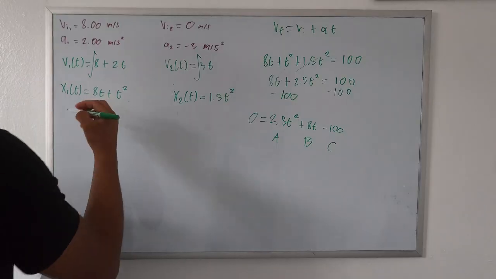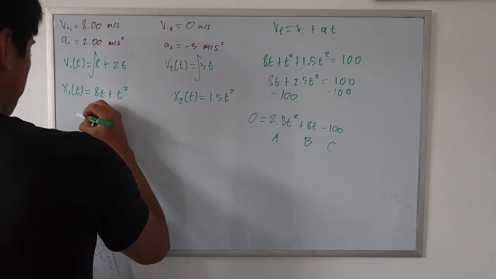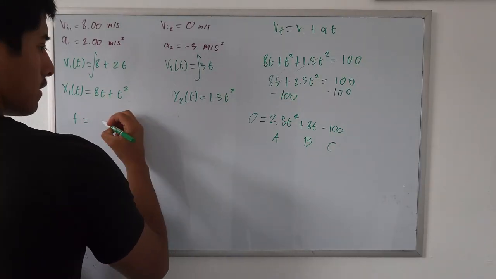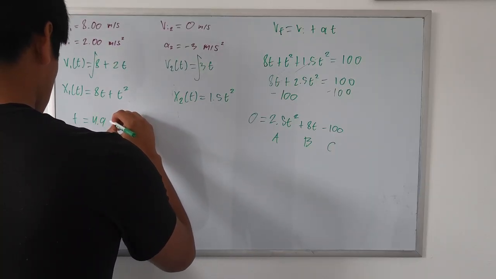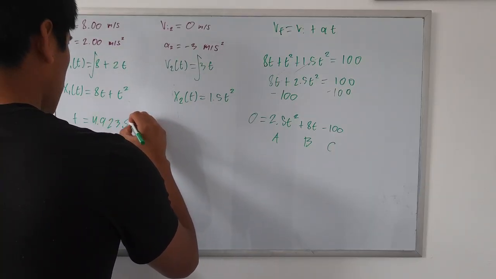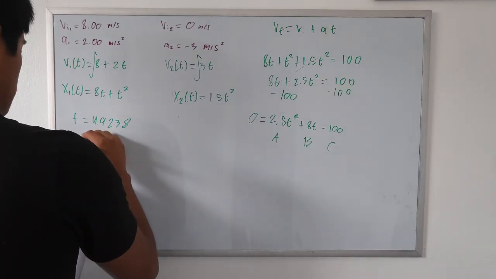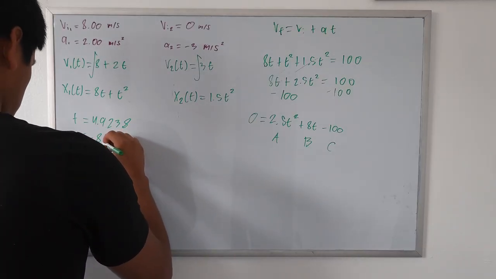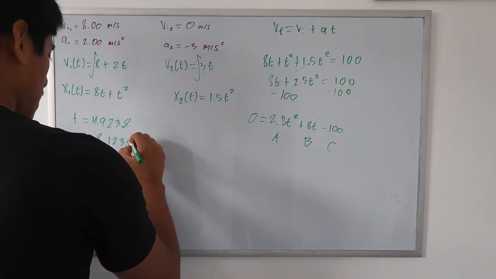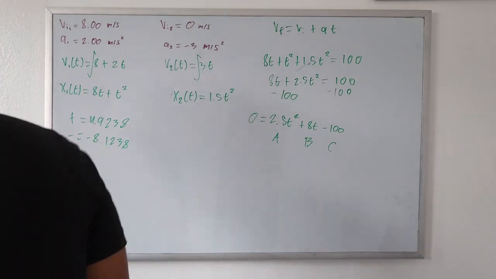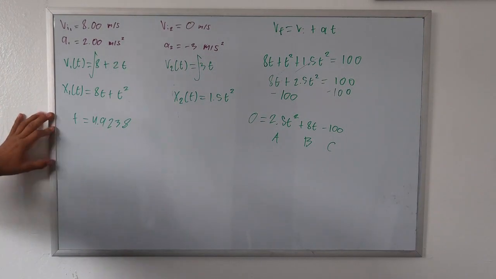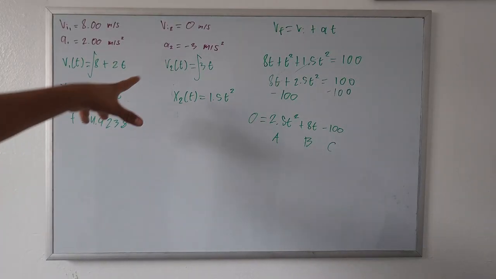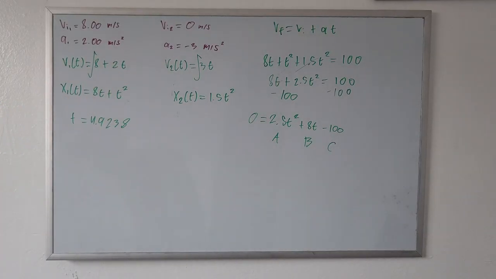When you use negative B plus, you're going to get 4.9238. And when you use negative B minus, you're going to get negative 8.1238. And time cannot be negative. So we're going to go with this time right here. This is the time when they are 100 meters apart.